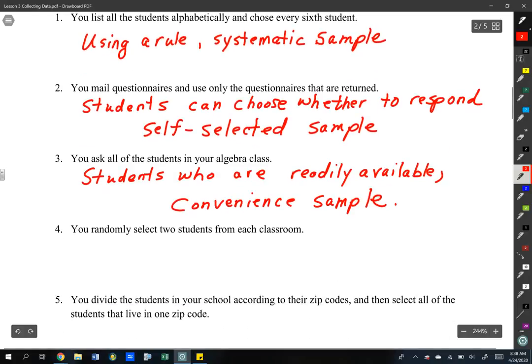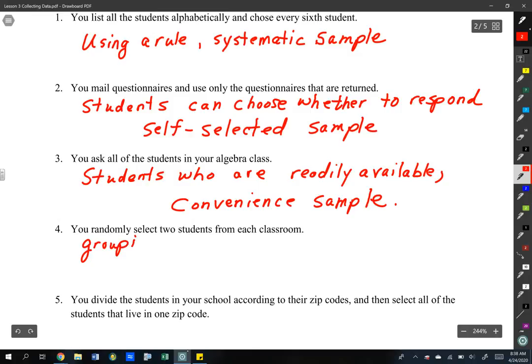You randomly select 2 students from each class. So the students are divided into similar groups, and 2 students are selected from each group. Since you're grouping by classroom, let's make a note of that.